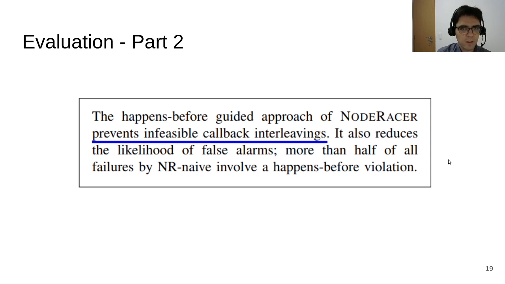The results gave evidence that the happens-before guided approach of NodeRacer prevents infeasible callback interleavings. It also reduced the likelihood of false alarms. More than half of the failures by this naive approach involve a happens-before violation.